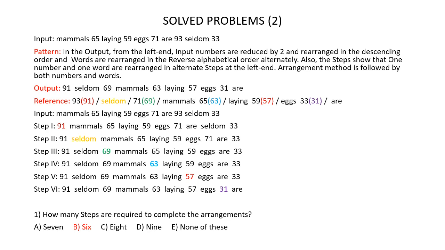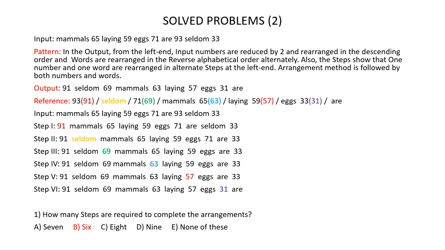So now we have to consider the next element in the reference, which is 63. So in step 4, write 91 seldom, 69 mammals in the same position as in step 3. Then write 63 in the fifth position from the left end in step 4. 63 is got by subtracting 2 from 65.